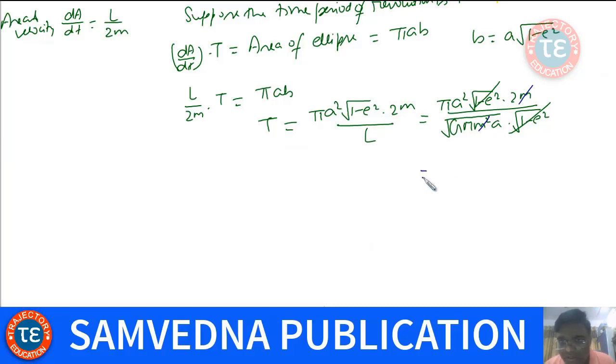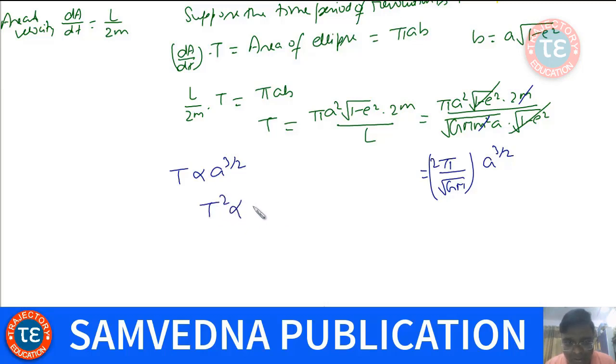This will be 2 pi upon root GM into a to the power 3 by 2, right? So T is proportional to a to the power 3 by 2, that means T squared is proportional to a cube.